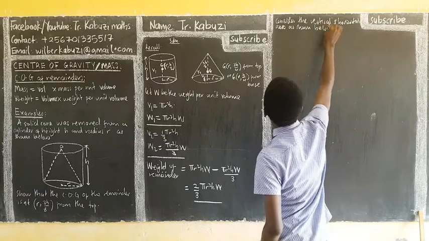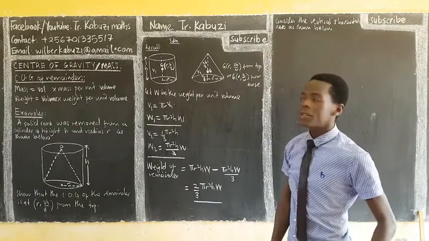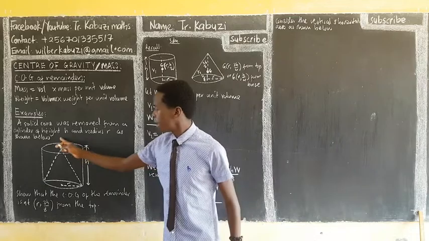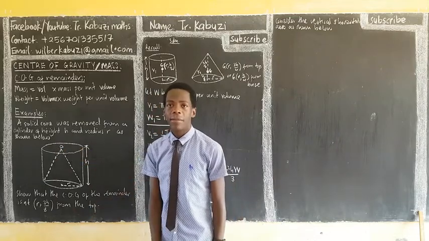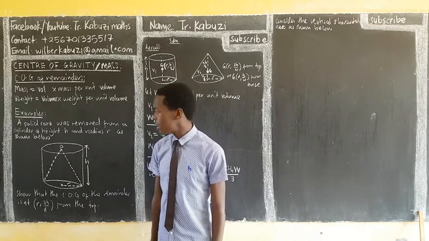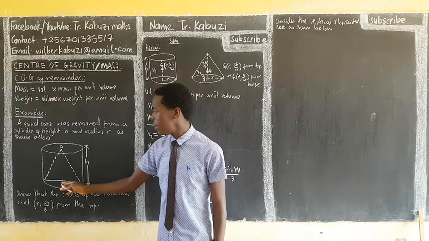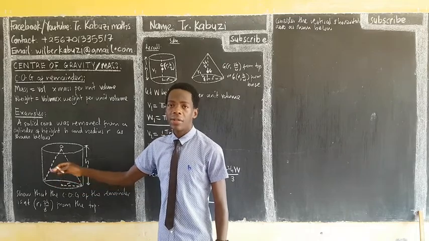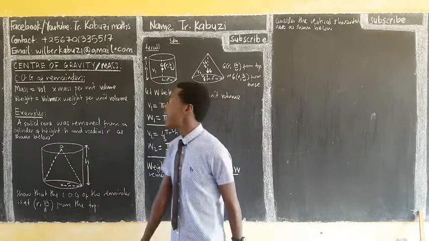Some questions will tell you to use the line of symmetry, because this one is going to be symmetric about the vertical. So if the line is symmetric, it means that the x distance is going to be the same, and then you just need to get the y, from this to this, as simple as that.